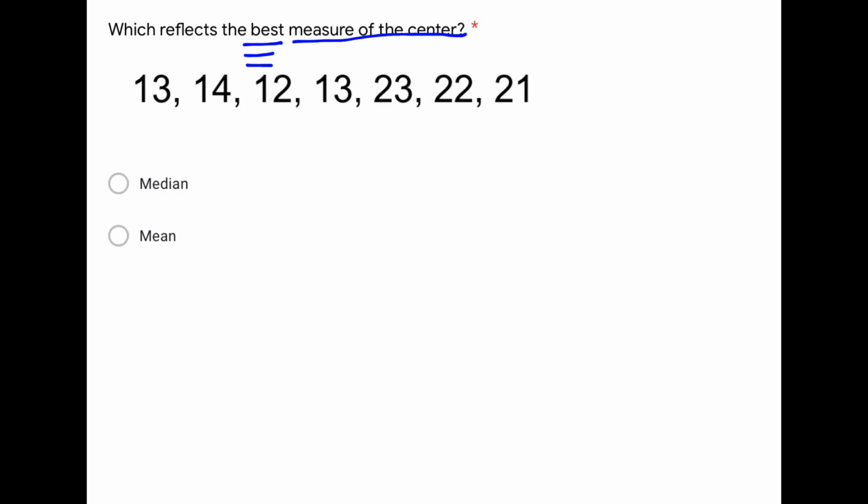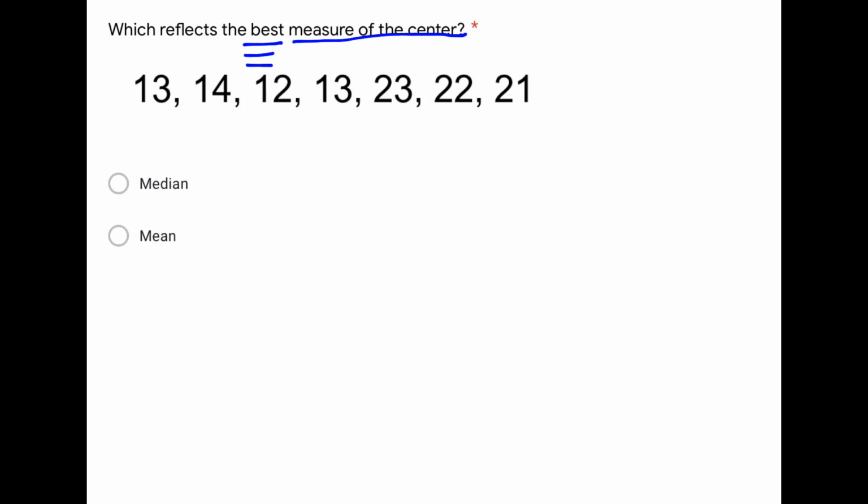As you recall on yesterday, I told you we had mode and range. And mode was a measure of center, but range was a measure of variation. Today in our lesson, median and mean were both measures of center.